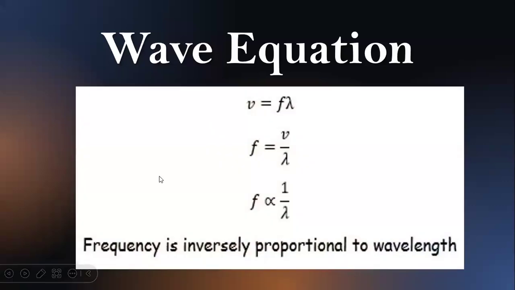Now, as you can see, V is equal to F, that is frequency, times wavelength. So when you make F the subject, F, that is the frequency, will be equal to speed upon wavelength. So when the speed is constant, the frequency becomes inversely proportional to the wavelength, as we've discussed earlier in the previous slide.